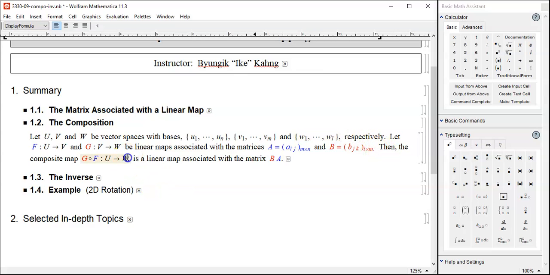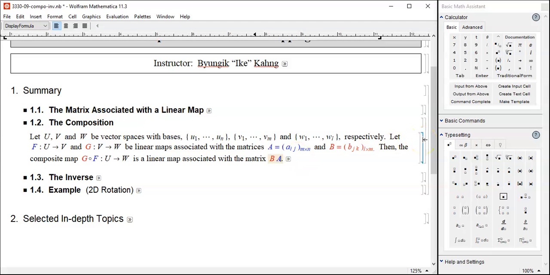Now if you compose G circle F from n-dimensional space all the way over to l-dimensional space directly, that's associated to B times A, because after all, each linear map is matrix multiplication to the left, so multiply by A first, and then next multiply by B. And do we have correct dimensions?